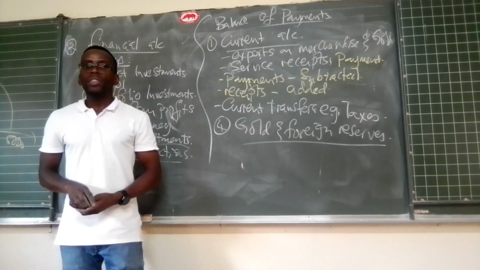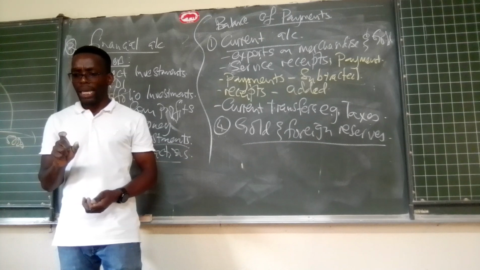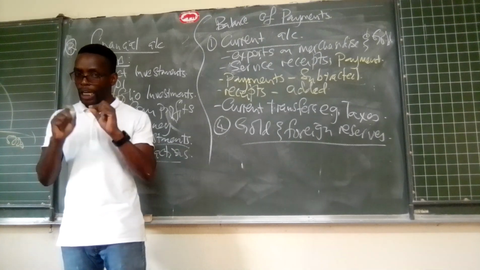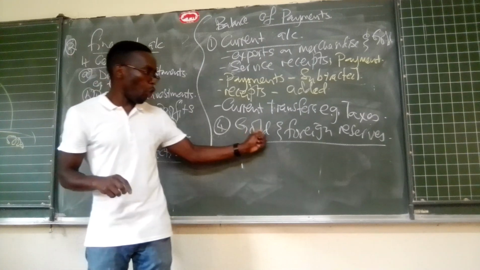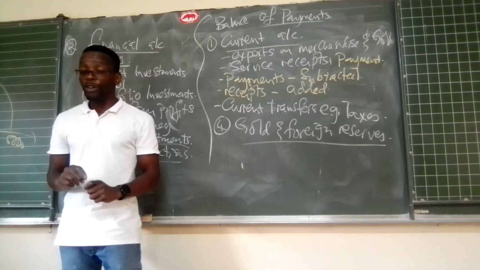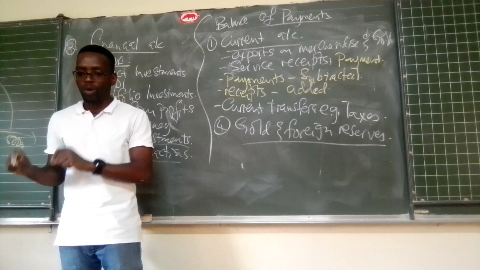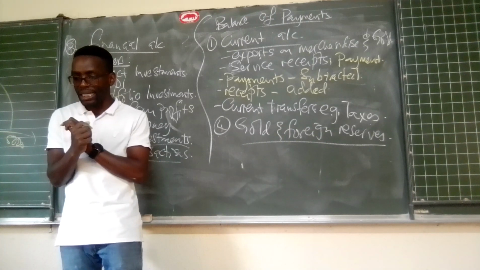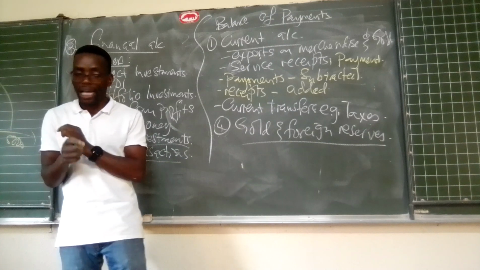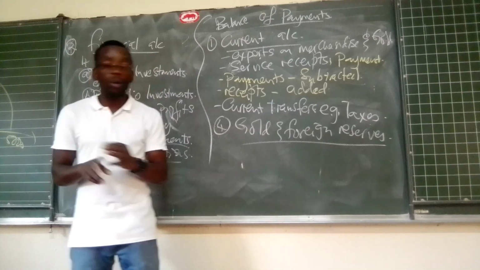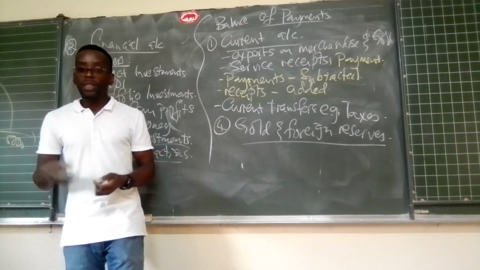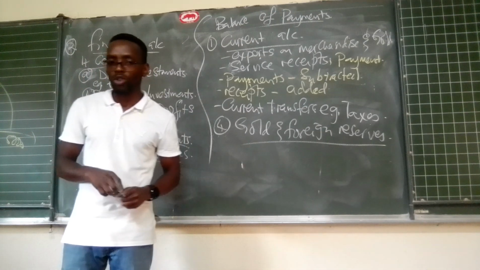Okay, now these foreign reserves normally include things like gold. Our foreign reserves are going to include things like gold. Now, foreign reserves and gold are the most important parts of our balance of payment. Why is that so? Because they show the overall position of our balance of payment.